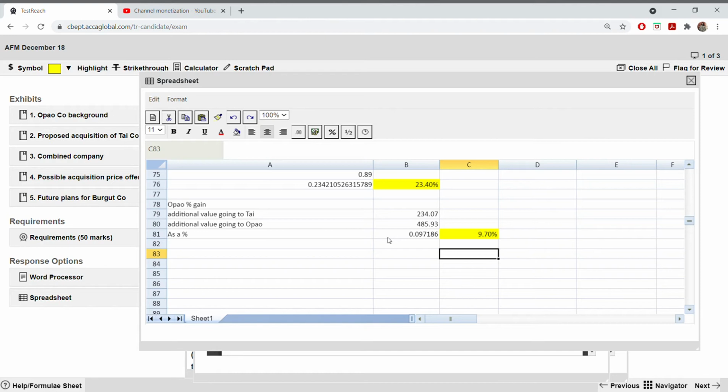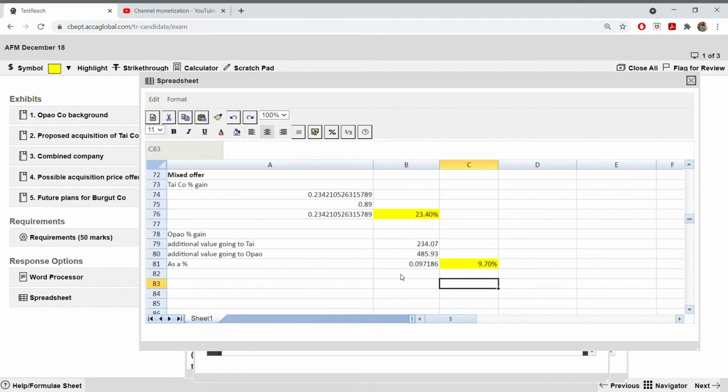Okay, so now what else have we found? Let us see this.